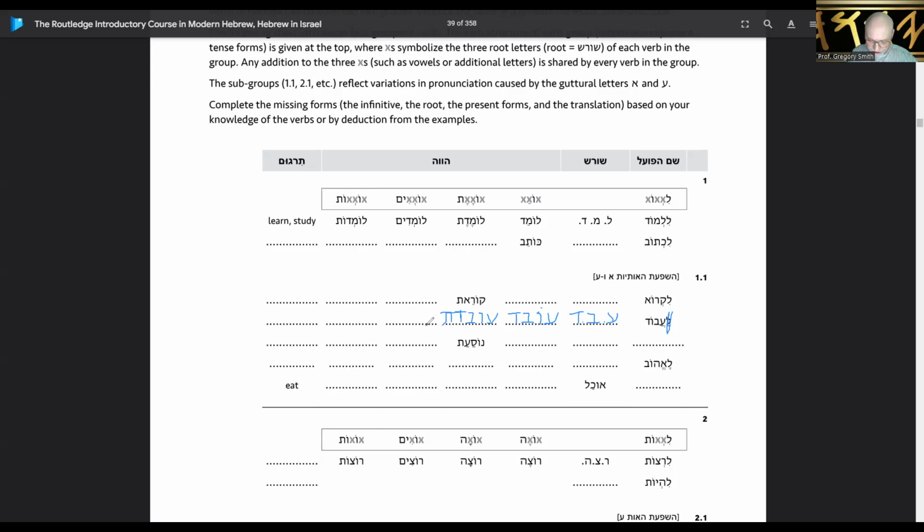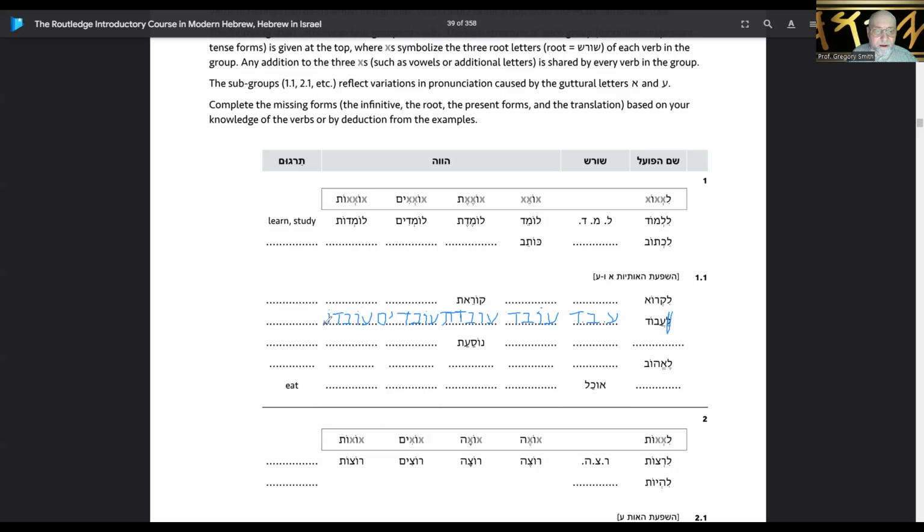And then you would have ovdim. I've got to do something about that dalet. Okay, ovdim. And then you would have ovdot.